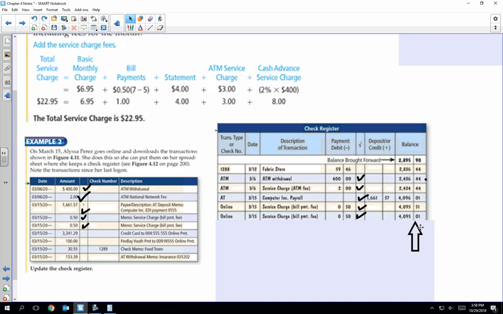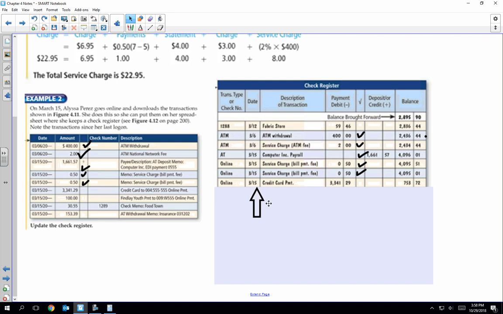All right, the next thing we're looking for is a credit card payment. And here it is on both sides. So we put a check mark. And we subtract $3,341.29 from $4,095.01. We get $753.72.